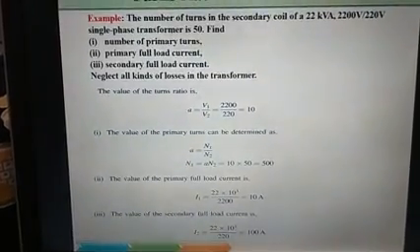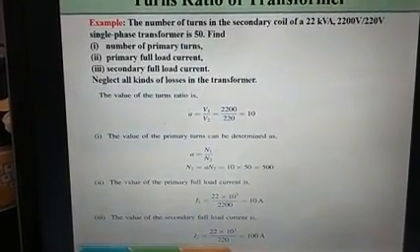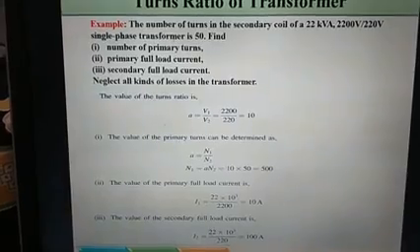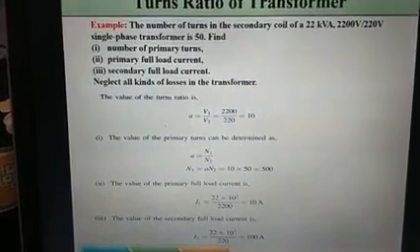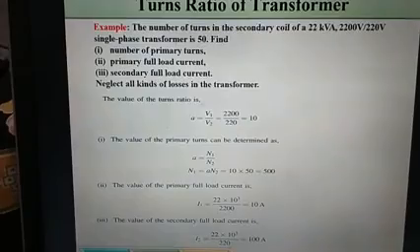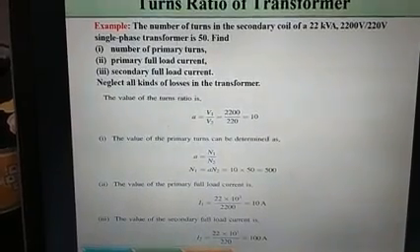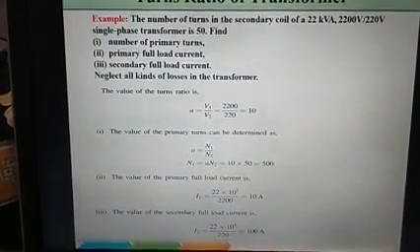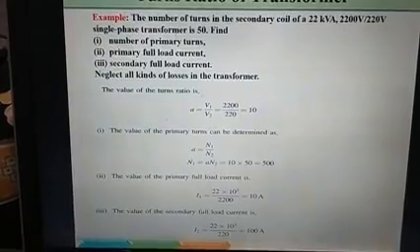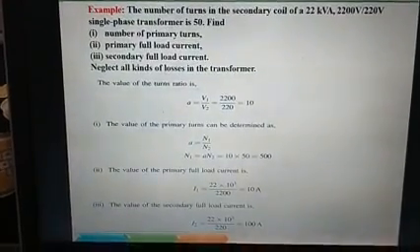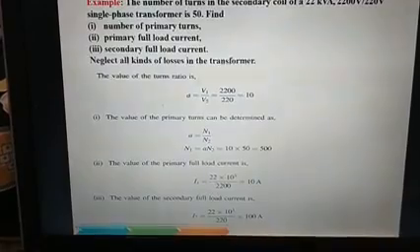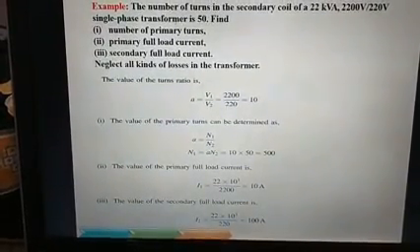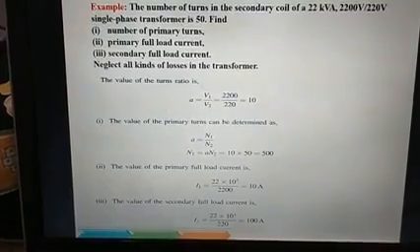Now primary full load current can be calculated by 22 kVA and 2200 volt rating. 22 kVA is the rating for the transformer, while 2200 volt and 220 volt shows the primary side voltage and secondary side voltage. So just by dividing this 22 kVA divided by 2200, we can find the full load current at the primary side as I1 is equal to 10 ampere and at the secondary side I2 is equal to 100 ampere.